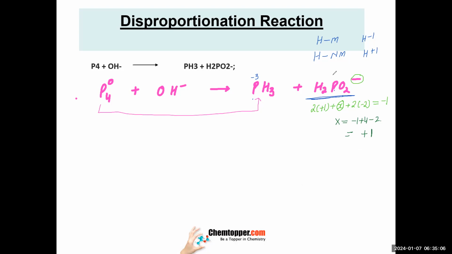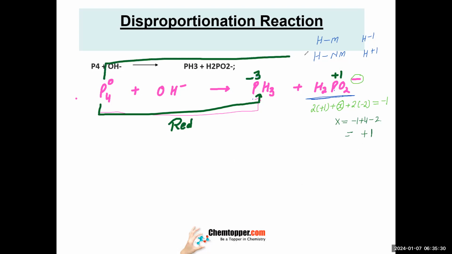Okay, so here now see the change. This P is +1. This P is -3. P4 to PH3, what is it? Reduction, oxidation? P4 to PH3 is gain of electrons, right? So it is reduction. Decrease in oxidation number. P4 to H2PO2 minus, what is it?